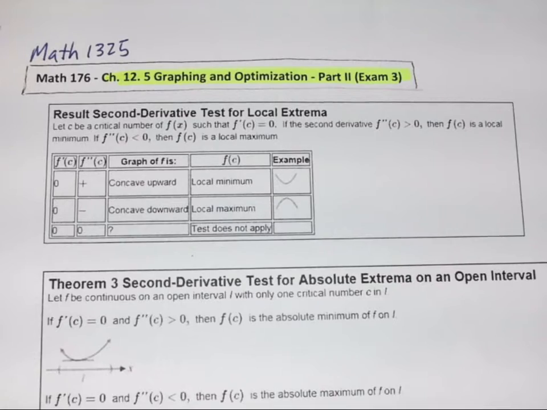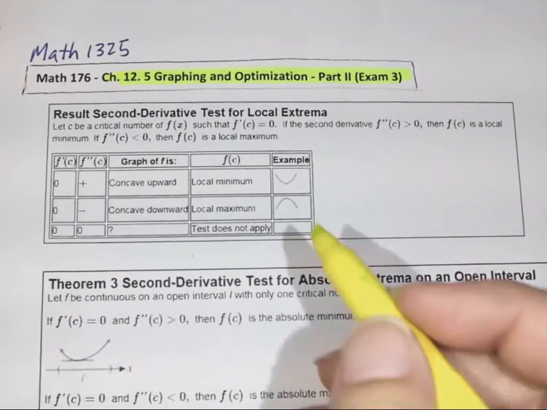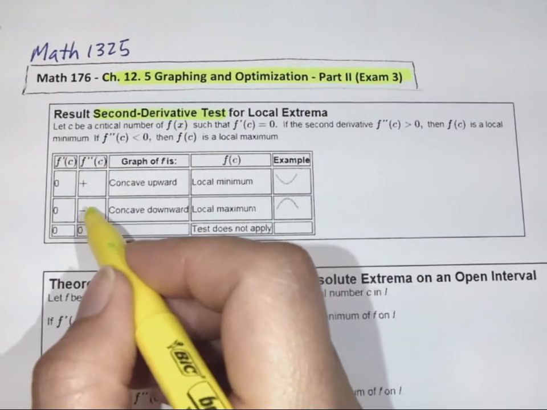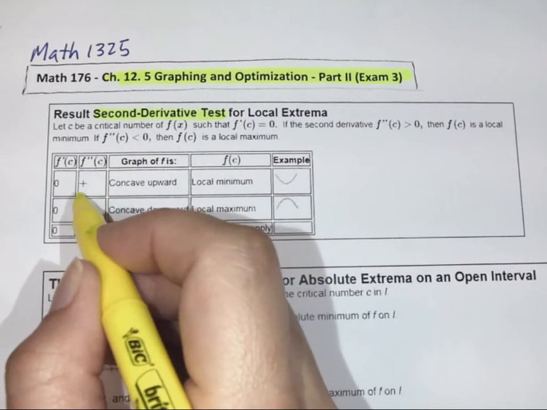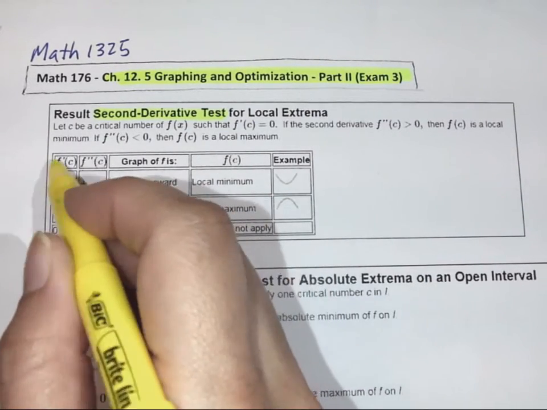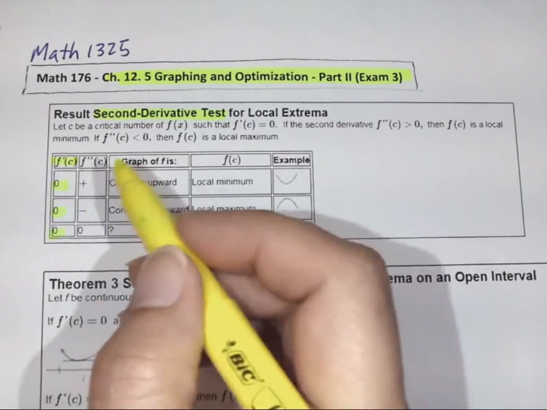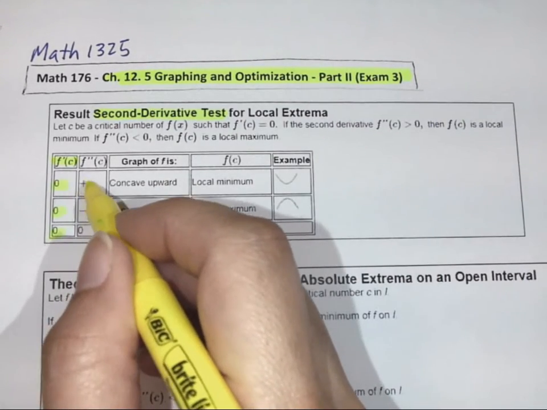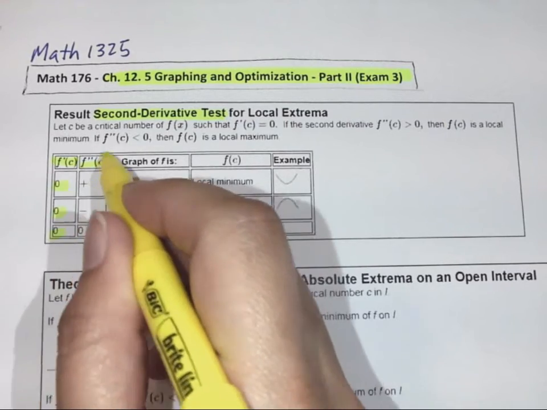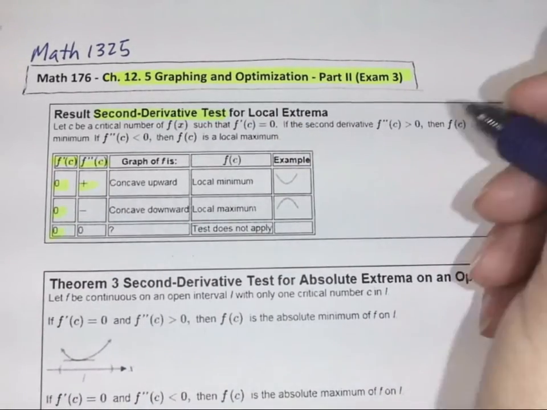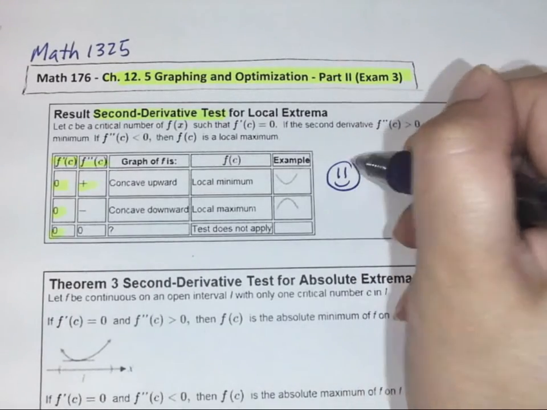So if you look here, we are talking about taking the second derivative. Besides giving you information, when the first derivative is 0, it means critical values, right? And if you plug that particular number into the second derivative and you get a positive, remember, it's going to be a happy face, positive people.